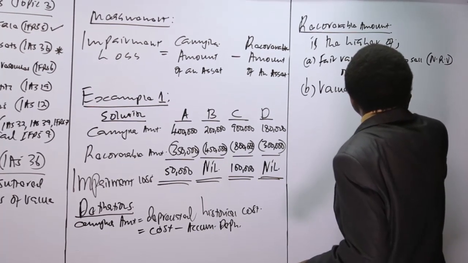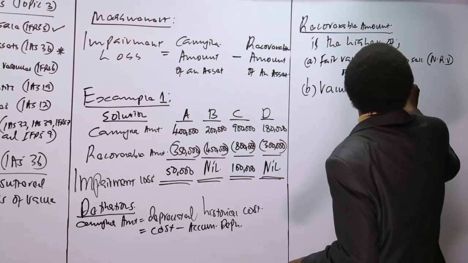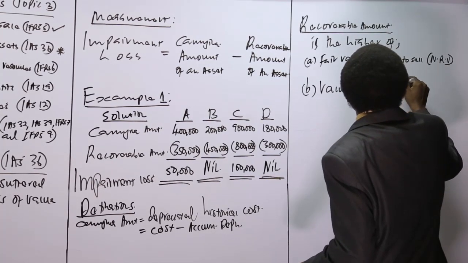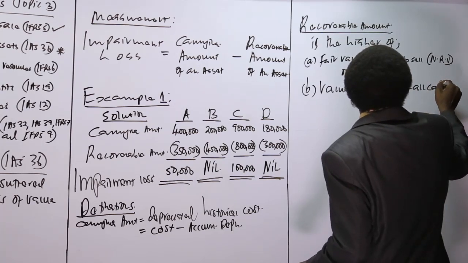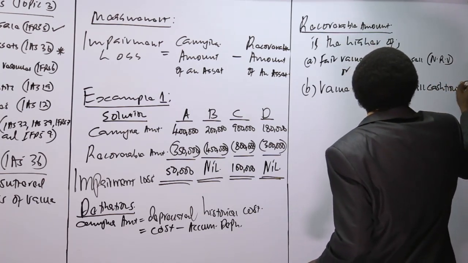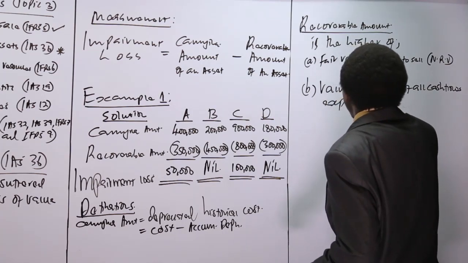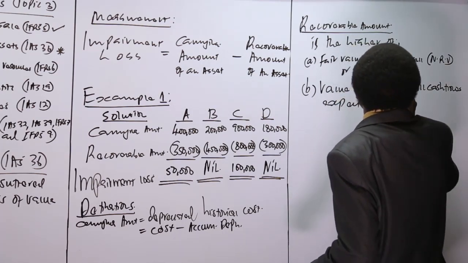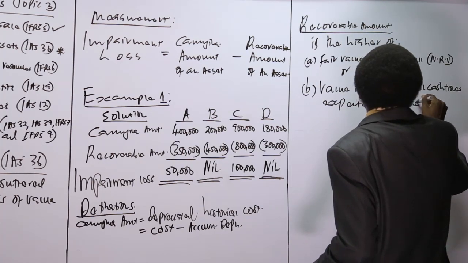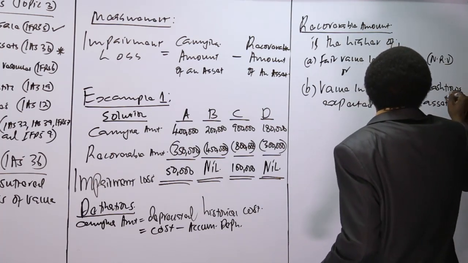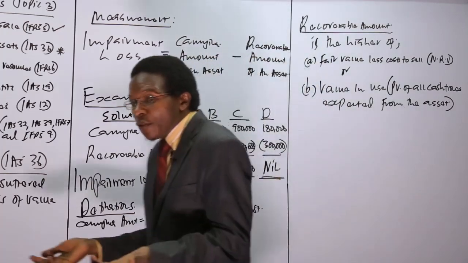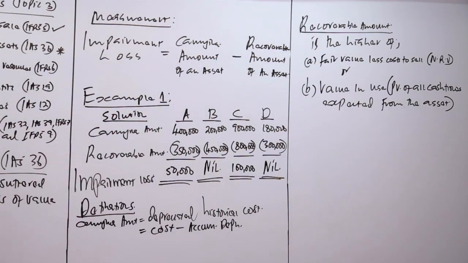In other words, this is the present value of all cash flows expected from the asset. And the fair value less cost to sell is simply the net realizable value, the market value less the expenses we are likely to incur in order to sell that particular asset. Those are the definitions of the two.